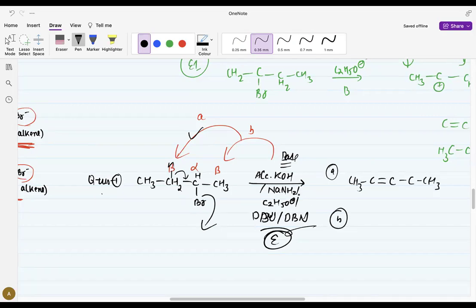If I remove from B side, अगर मैं B side से हाइड्रोजन को remove करूं, तो ये हाइड्रोजन रिमूव हुआ, यहाँ डबल बॉन्ड हुआ, यहाँ ब्रोमीन निकल गया. So our product will be this. So out of A and B, which one is more major? Write in the chat box which one is more major. Which one is Saytzeff, which one is Hofmann, right?